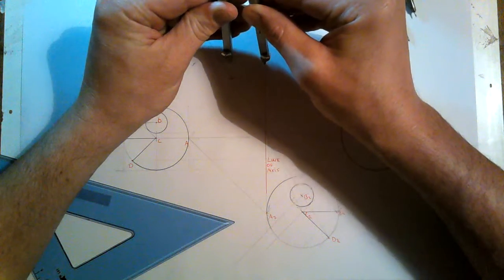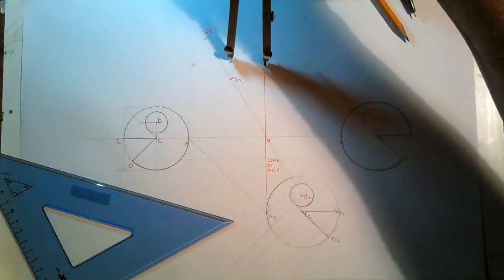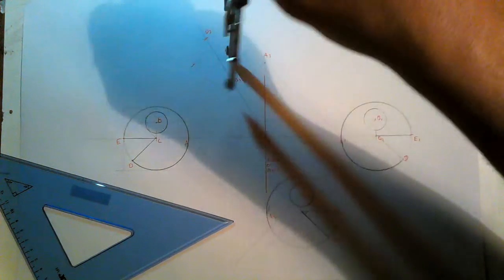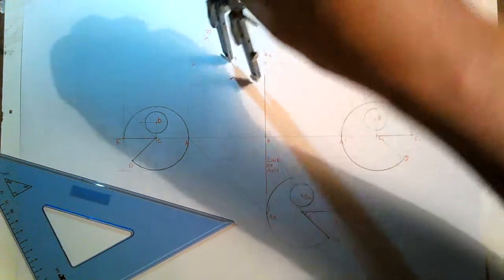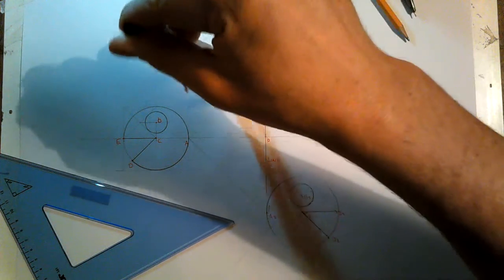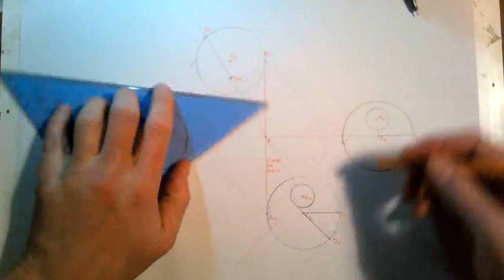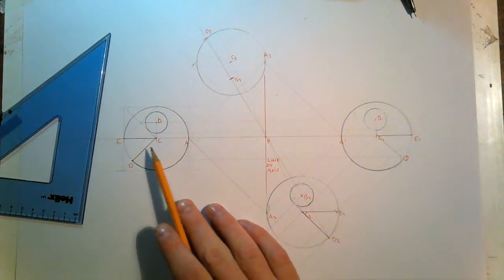So the point of the compass goes through A and onto C. C3 like so. And it goes through A. Okay, and it hits E and D. Okay, so go back to first one again.